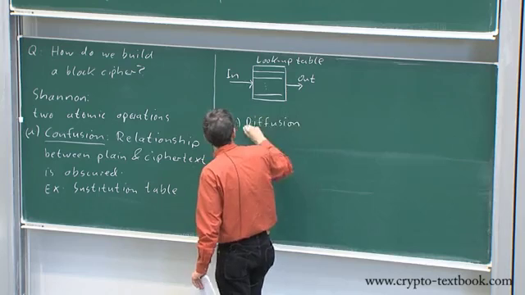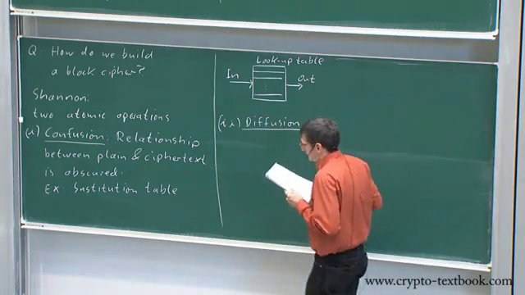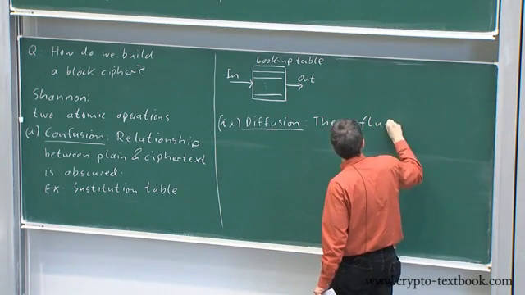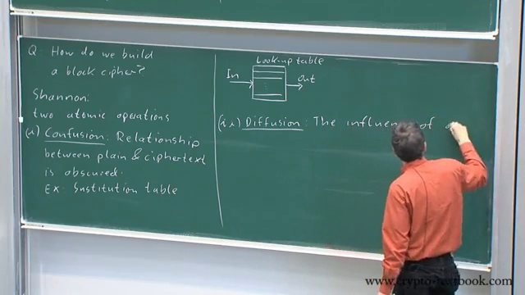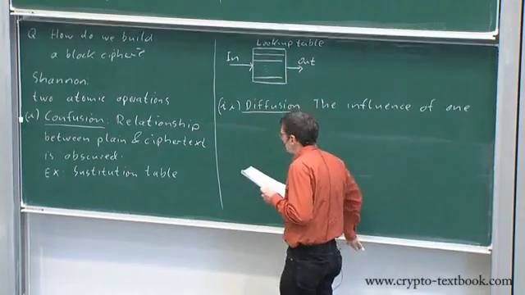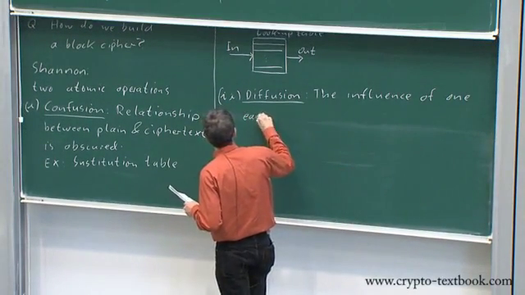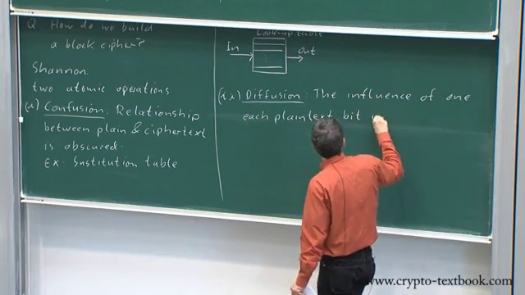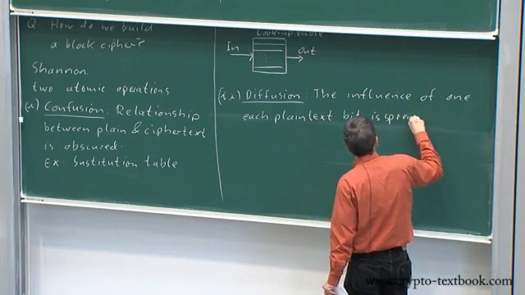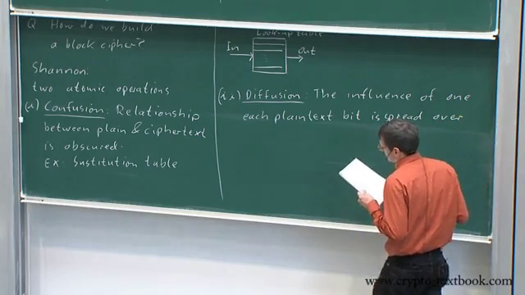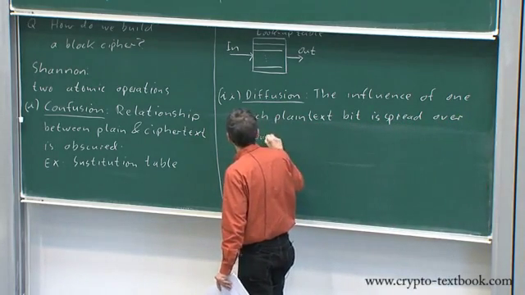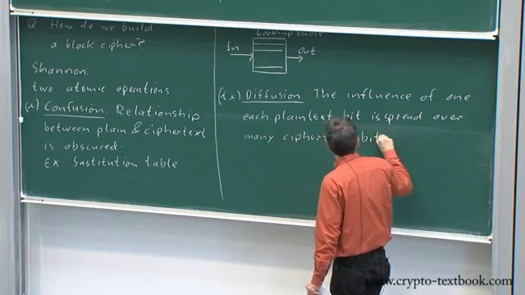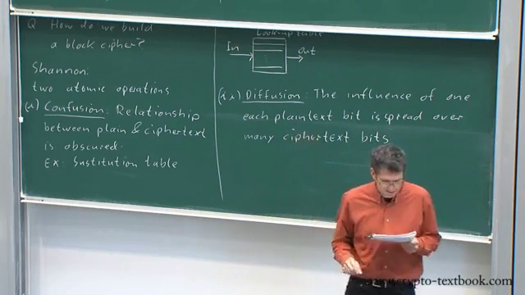The influence of each plain text bit is spread over many ciphertext bits, okay?